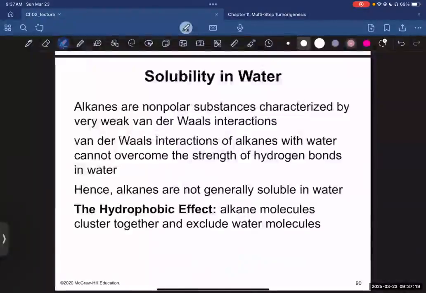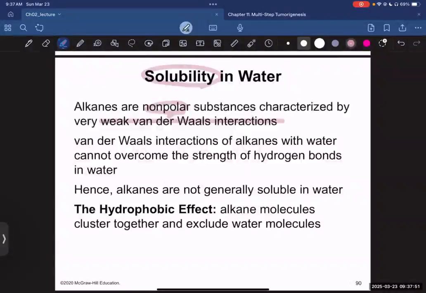Now then, how about solubility in water with regards to these alkanes? We said that alkanes are non-polar in general, and that's why they're all held together by weak van der Waals interactions, which are induced dipole interactions. We said there were 3 different types of intermolecular forces, and the strongest one was dipole-dipole interactions.